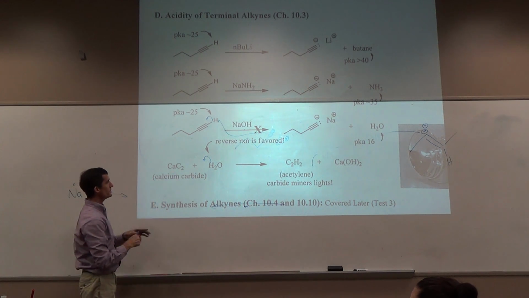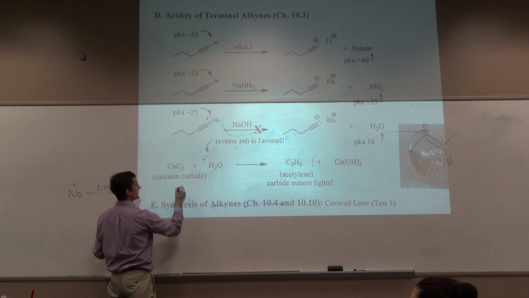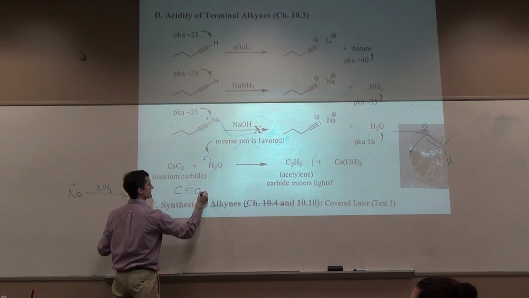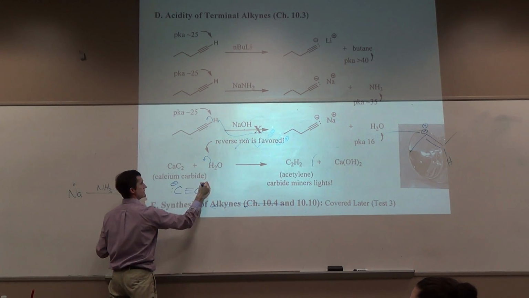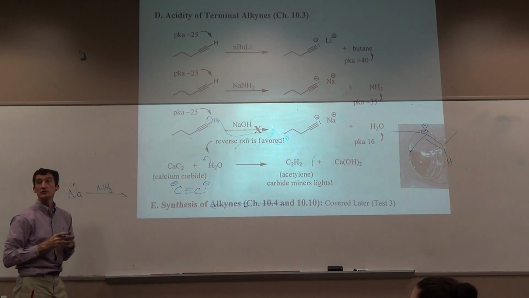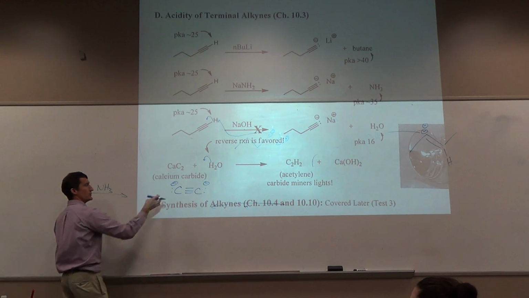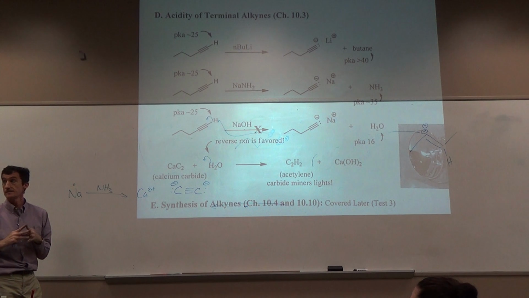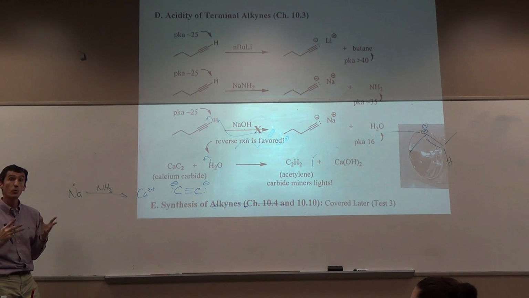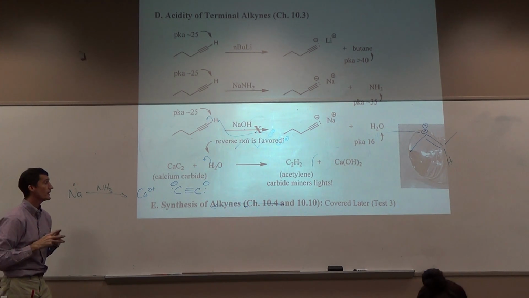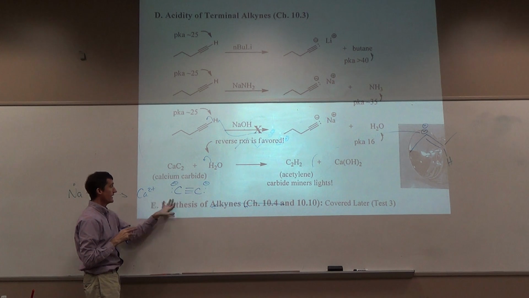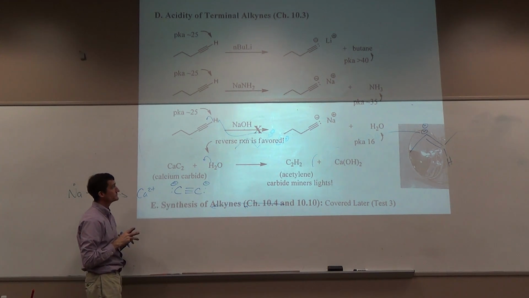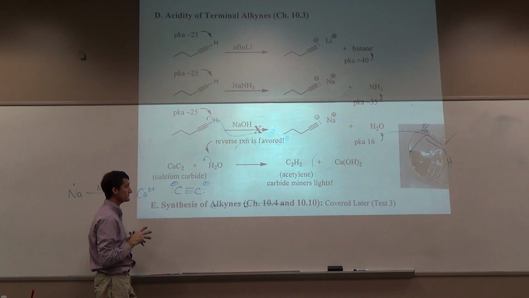What is calcium carbide? CaC2. That's where the C2 is. That's your C2. So that's two minuses, and you've got a calcium 2 plus to go with it to balance it. Calcium carbide. It's an ore, or it could be. I don't know how they find it or how they make it, but it was available back then.